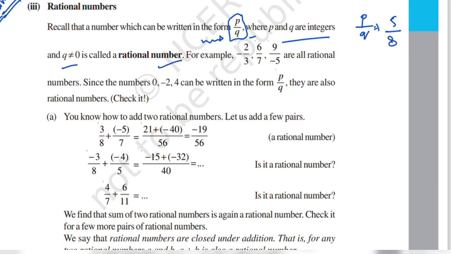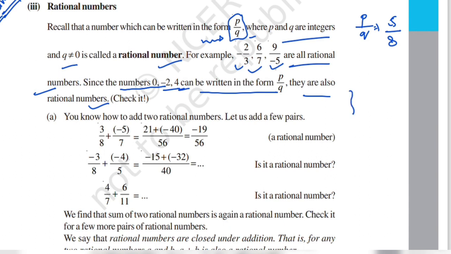Is it a rational number? Yes, of course it's a rational number, because this will give an answer in the form of a decimal. They have given the examples -2 by 3, 6 by 7, 9 by -5. All are rational numbers. Since the numbers 0, -2, 4 can be written in the form of p by q, they are also rational numbers. All the numbers are rational.